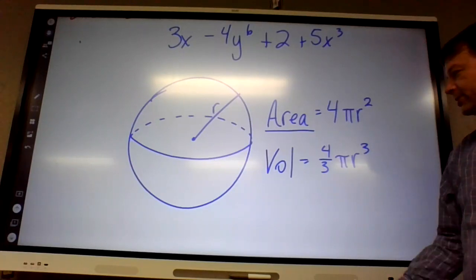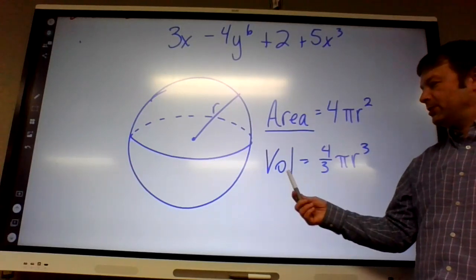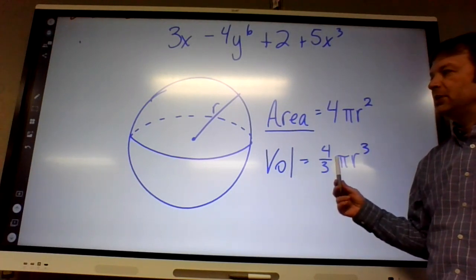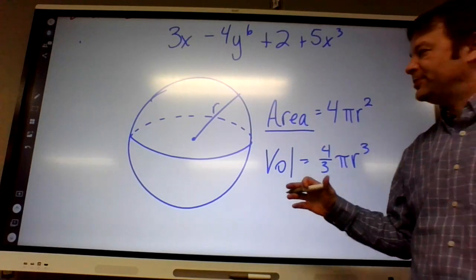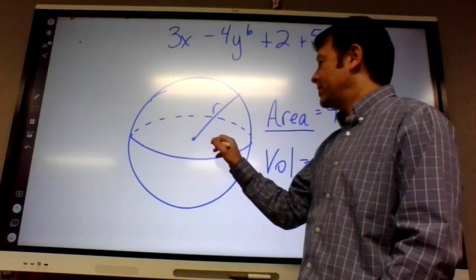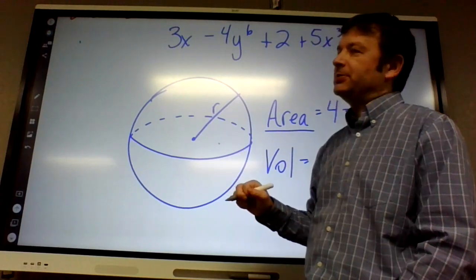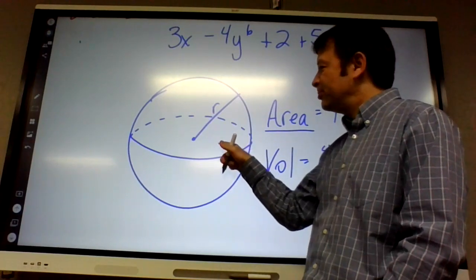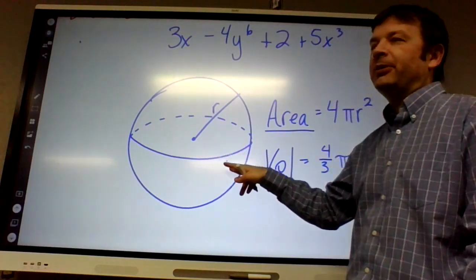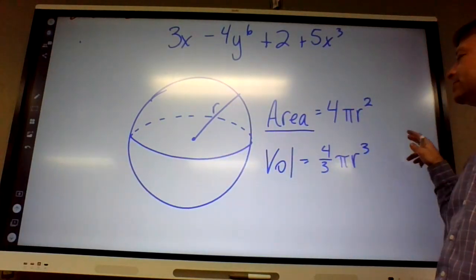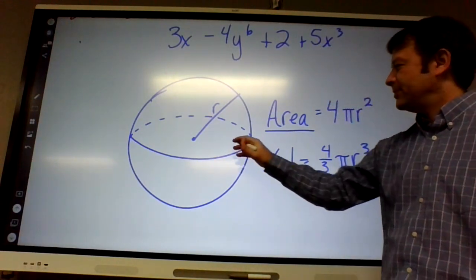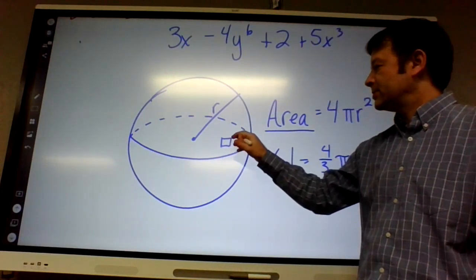But what would the volume tell us? How many cubes fit inside? A cubic mile would be so tiny you couldn't even see it, but how many little cubes would fit inside? It doesn't have to be the Earth. Yeah, how many cubes fit inside? This is like a cubic inch.